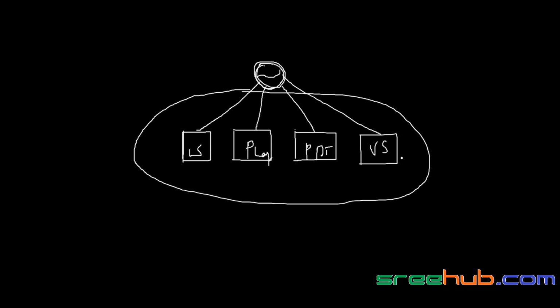Now let's say every processor will have its own processing speed, right? Let's say it can complete a simple task in 1 second.